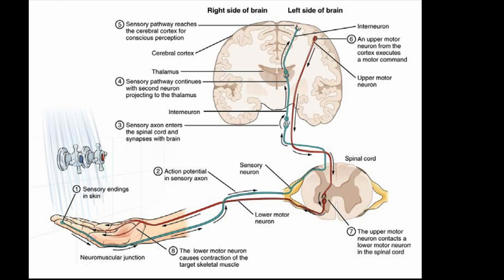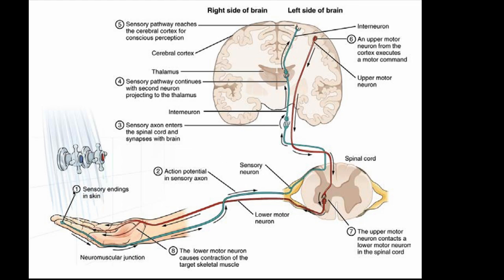So we're going to stick our hand underneath this hot water here, and what's going to happen is that hot water is going to activate thermoreceptor proteins that are on the nerve endings or dendrites of this sensory neuron right here. We're going to follow this green pathway right here, which is an afferent pathway that is carried by a sensory neuron, okay?